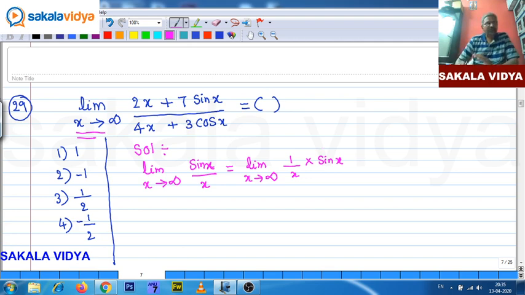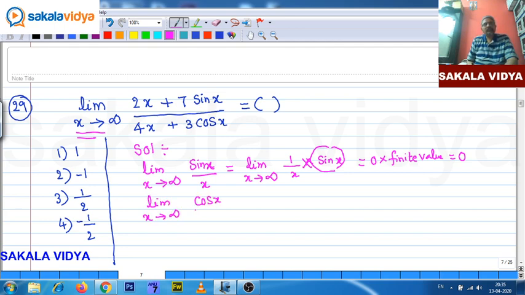It means sin x and cos x lie between minus 1 and 1, so it is always a finite value, whereas this 1 by x is 0, and 0 into a finite value is 0. That means limit x approaches to infinity, sin x by x is equal to 0. In the similar manner, limit x approaches to infinity, cos x by x, you can write 1 by x multiplied by cos x, 0 multiplied by a finite value is 0.